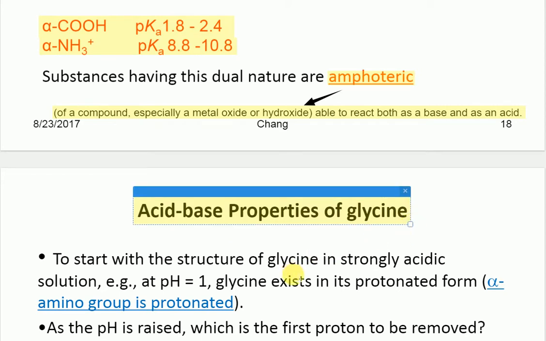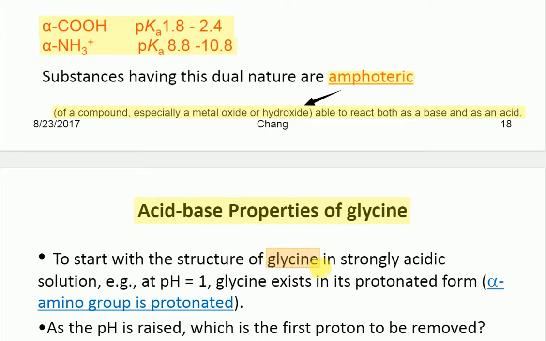To start with, the structure of glycine in strongly acidic solution. An example would be glycine, and we talked about it in the previous video as being the main exception because it doesn't have a positive and negative charge.